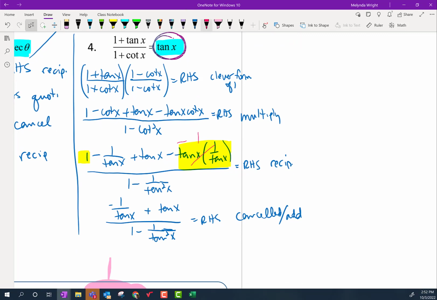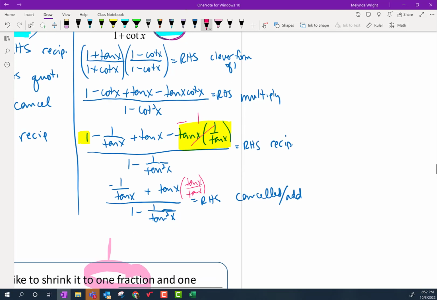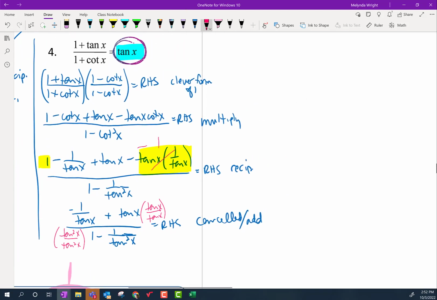So what I'm going to do is get a common denominator. I'm going to multiply this by tangent x over tangent x, so I can add those 2 things on the top together. And I'll multiply this by tangent squared x over tangent squared x. Okay. So we're going to have to move up here.